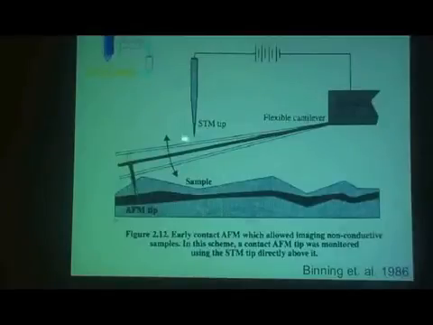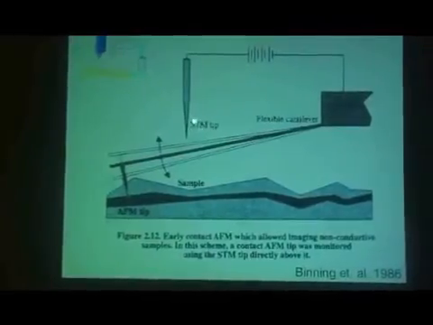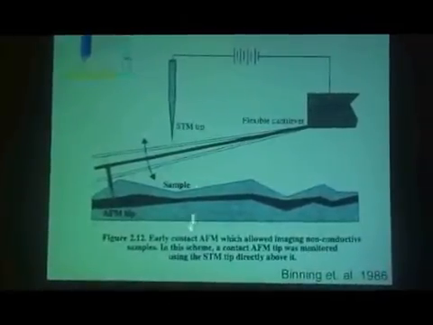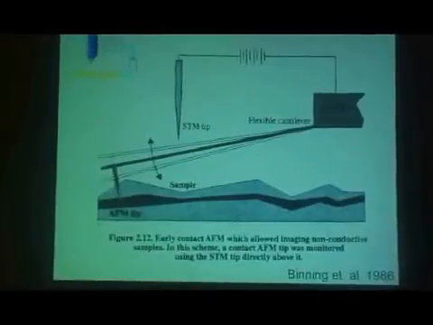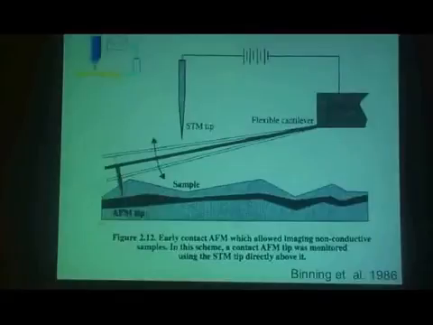When the tip moves down, the separation increases and the tunneling current between this STM tip and the cantilever, not the surface, that is one thing you have to understand, decreases. Similarly, if the tip moves up, the separation decreases and the tunneling current increases.